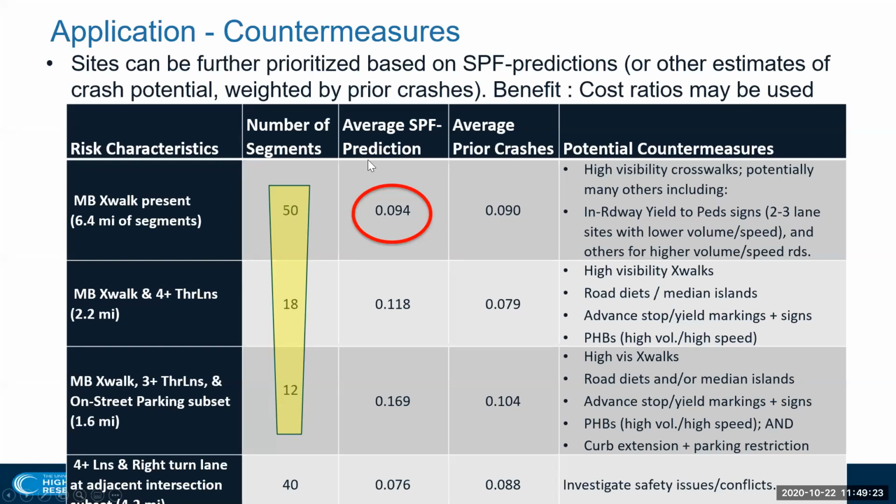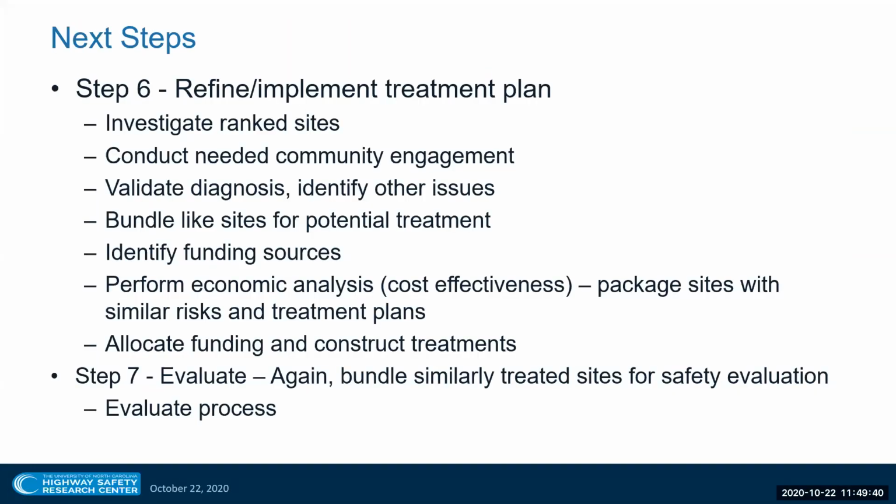So if we don't have enough money to treat all of those 50 sites, then we can maybe start dropping the sites with the lowest predictions and treat those with a higher expectation until we have used up our pot of money. So that's part of what is done in this next part of the process, to investigate the sites that you've ranked and that may be part of this treatment package.